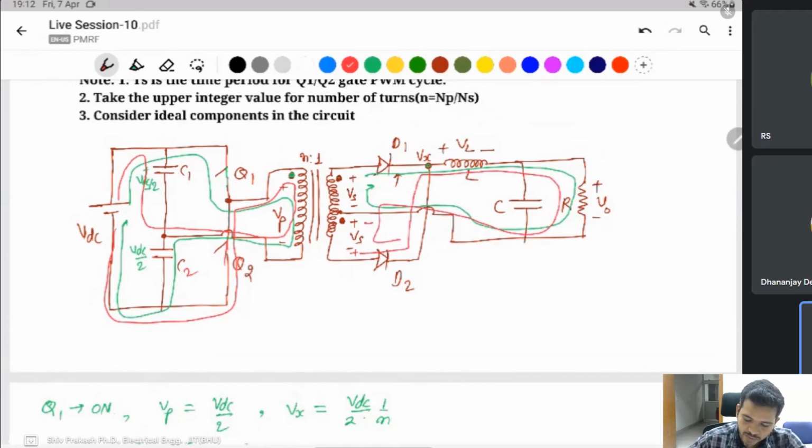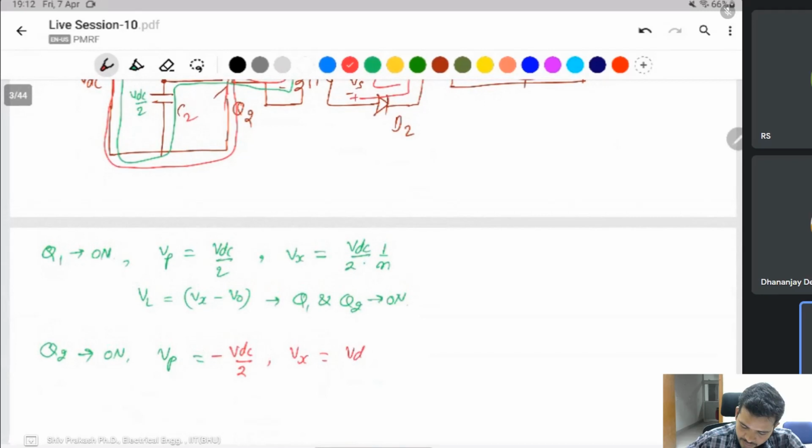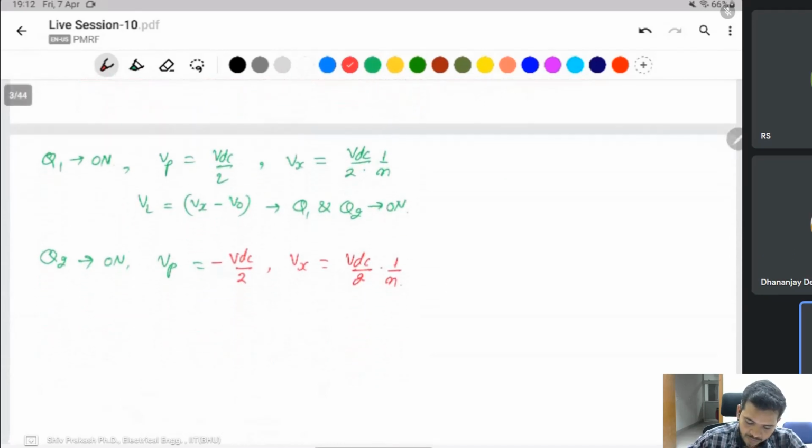Then Vx will be the same here, with plus connected to Vx and minus connected to the ground. In both conditions, when Q1 or Q2 is on, Vx is the same. When Q1 and Q2 are both off, this one is minus V naught.